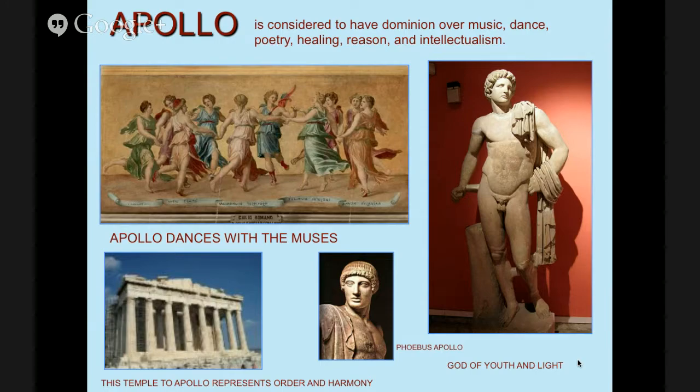Apollo is considered to have dominion over music, dance, poetry, healing, reason, and intellectualism. Okay, and this picture in the upper left-hand side is Apollo dancing with the muses, okay? And all the muses, he had a muse of poetry, a muse of music, a muse of dance, a muse of literature. He's very much a very ordered and harmonious way of moving.